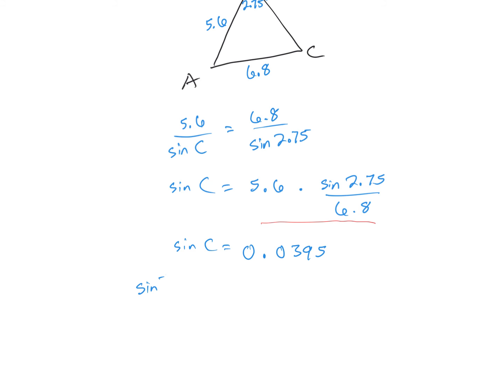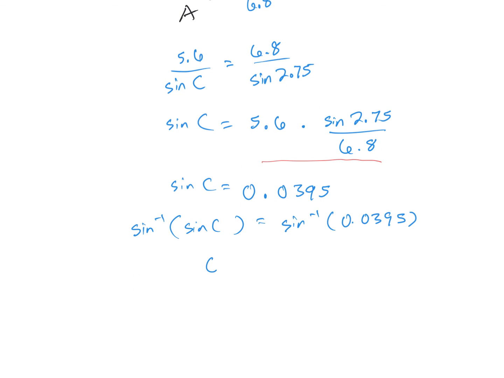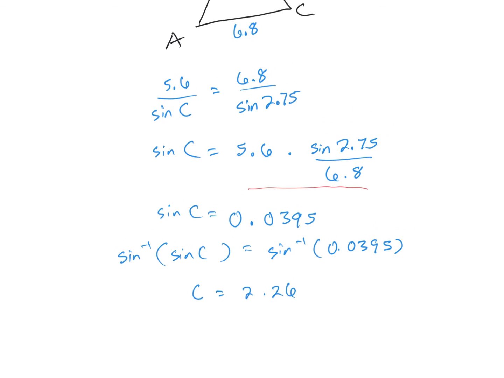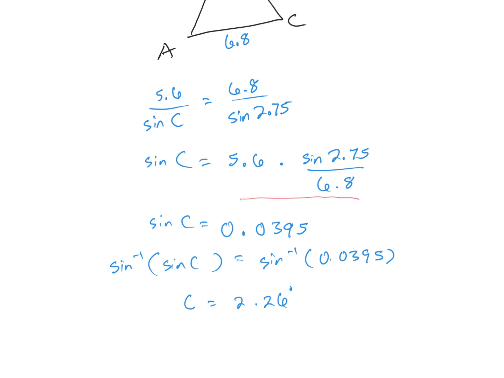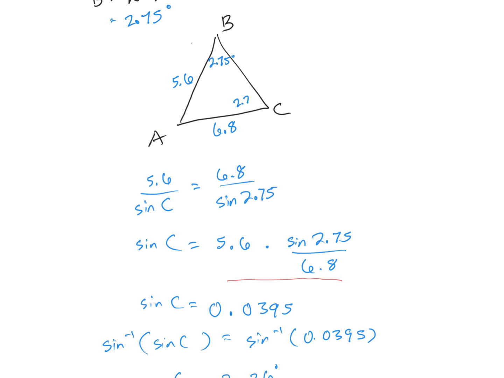That means I need to find the inverse sine, or the arc sine, of this. So if I press inverse sine of 0.0395, that gives me 2.26. So my angle C is 2.26.